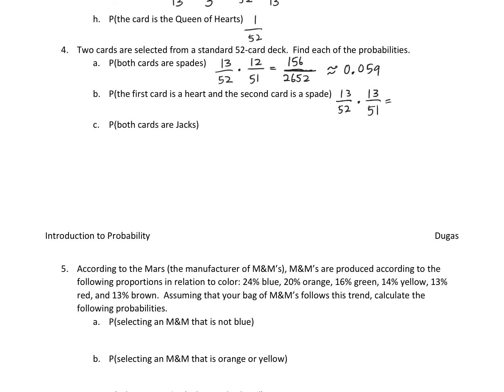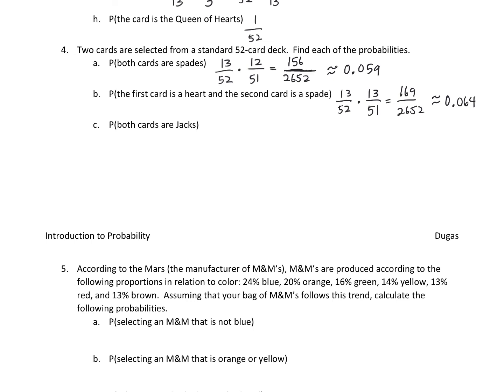And so when we multiply that together, we will get our probability. So 13 times 13 is 169. 52 times 51 is 2652. And then again, in order to make sure I don't miss any points here, I'm going to just go ahead and write it as a decimal. So that will be 0.064. So that would be the probability that the first card is a heart and the second card is a spade.